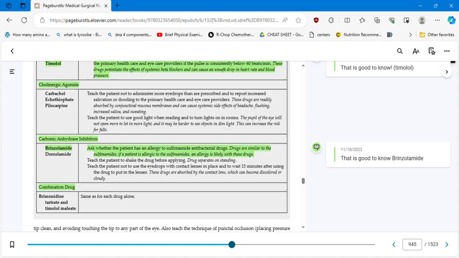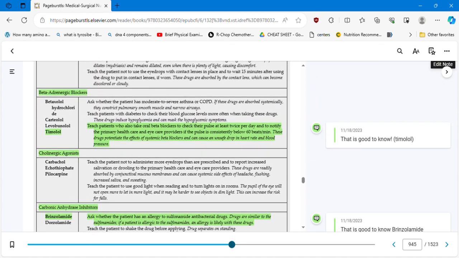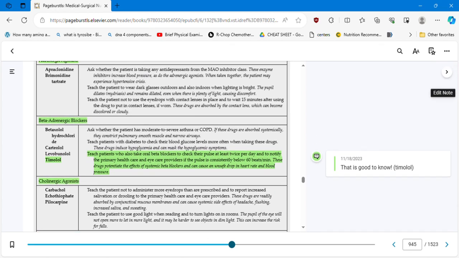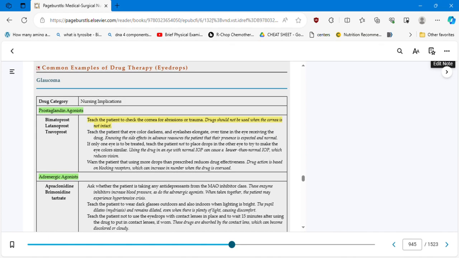Is the safety of getting a medication that can cause an allergy. Safety about a medication that can reduce your heart rate and blood pressure. Safety about how we need to check if there is any cornea that is not intact.